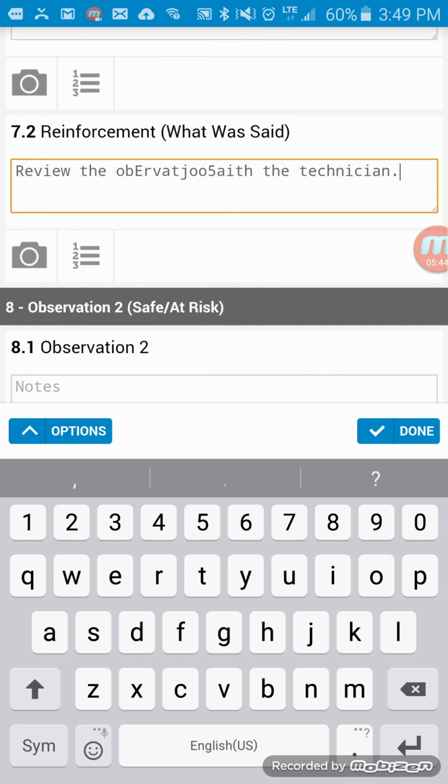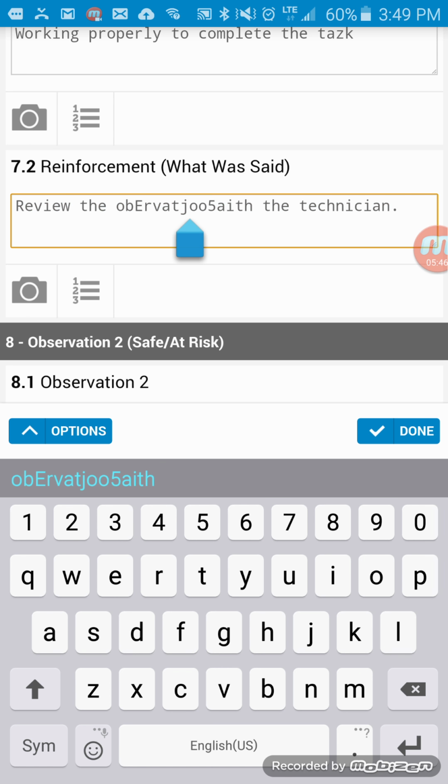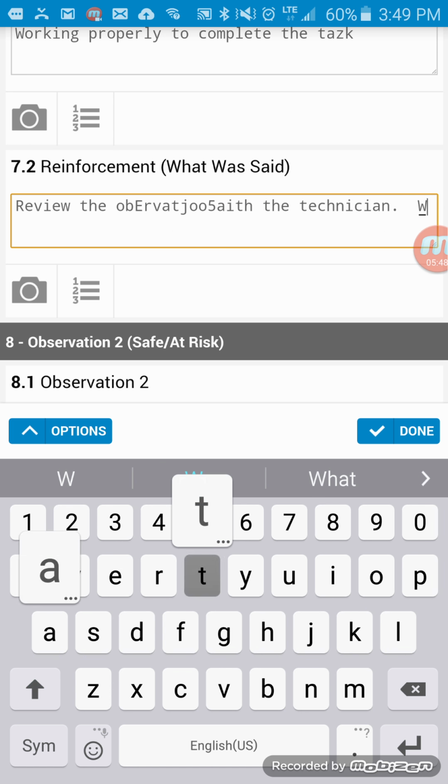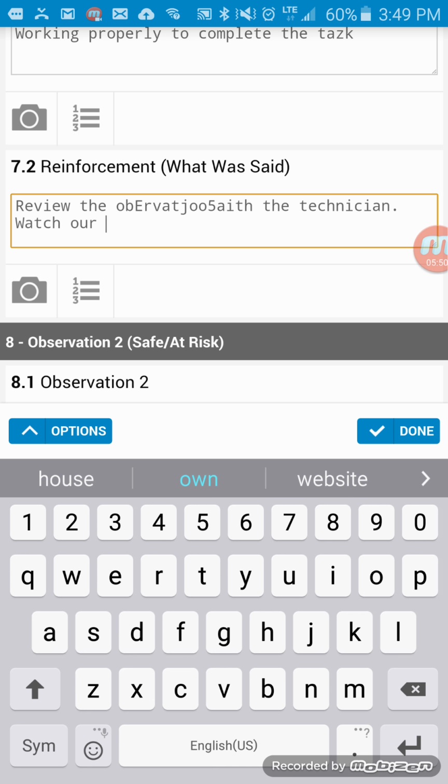Is there anything that they need to do differently in terms of anything at risk? Watch out for trip hazards.